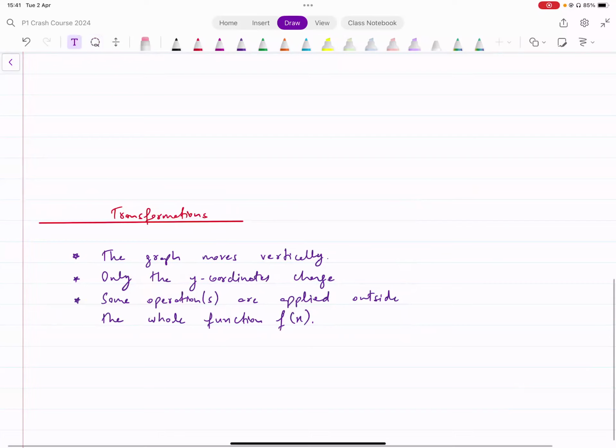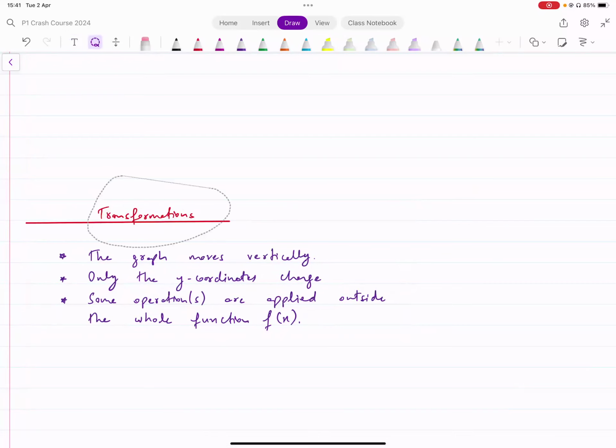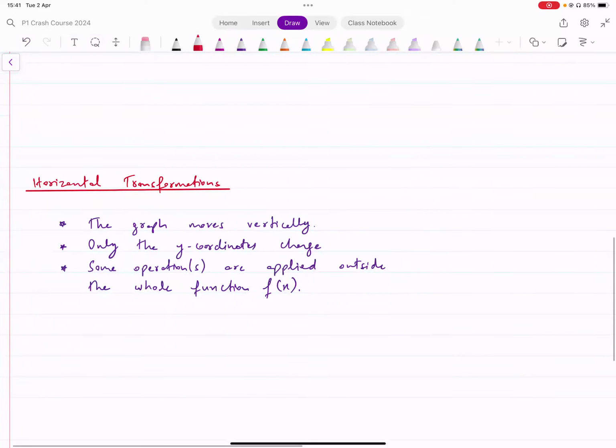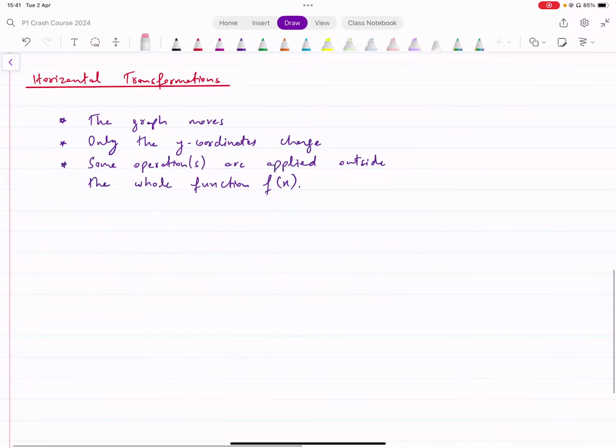Now, in horizontal transformations, something happens inside f of x. Let me write that down here. Horizontal transformations. In this case, the graph moves horizontally.